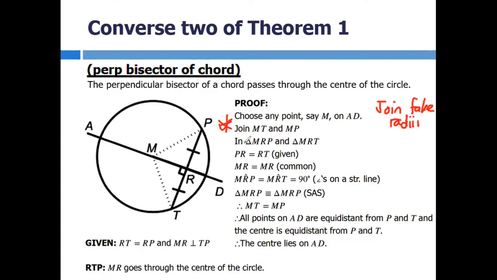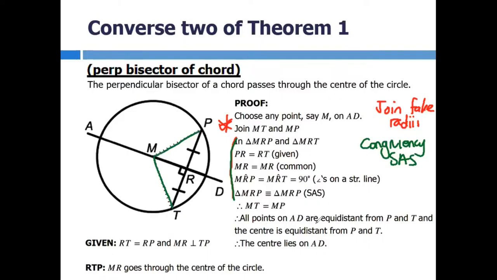And then again, you can see they're going to follow congruency. Let's do that in a different color. So then the method you follow after you've done that construction is you're going to do congruency, side angle side, and that congruency tells me that MT is equal to MP.